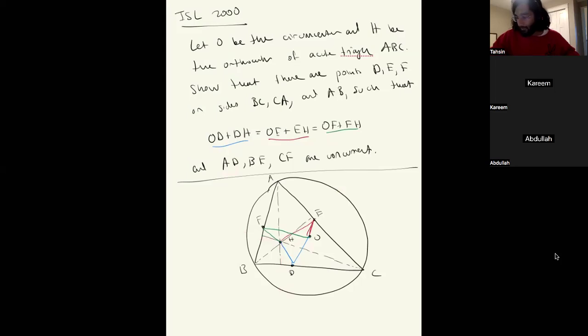So if we draw the reflections, any idea what this gives us?